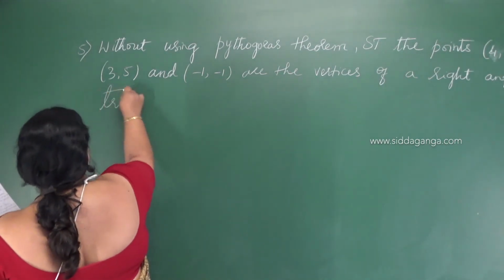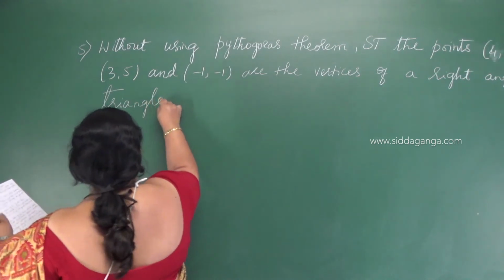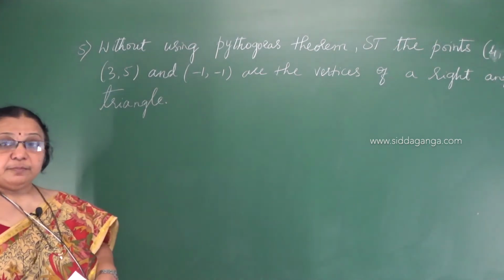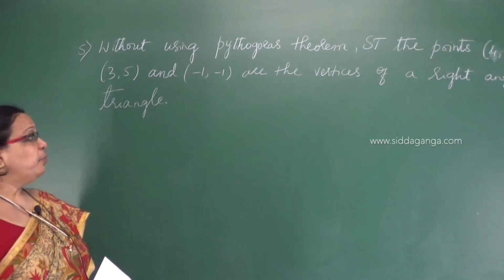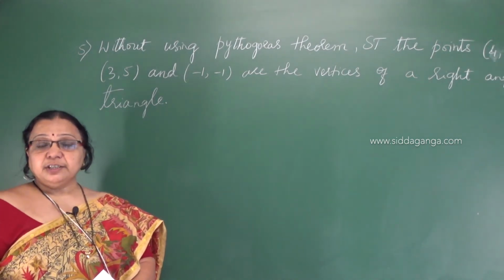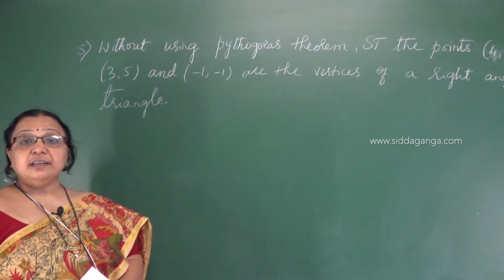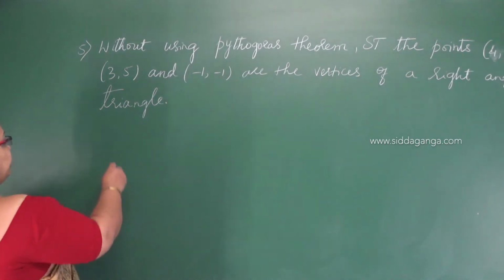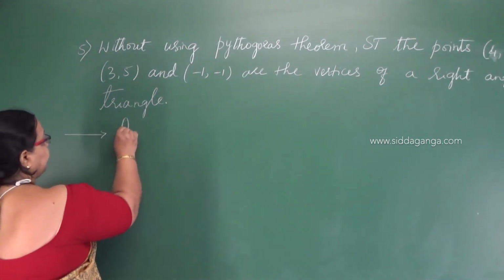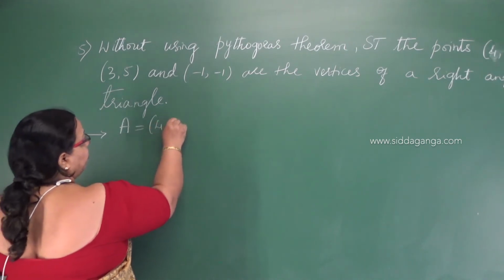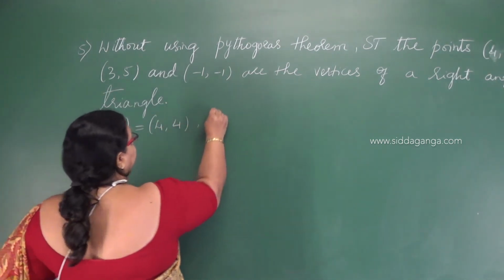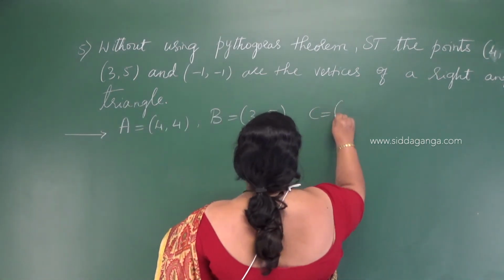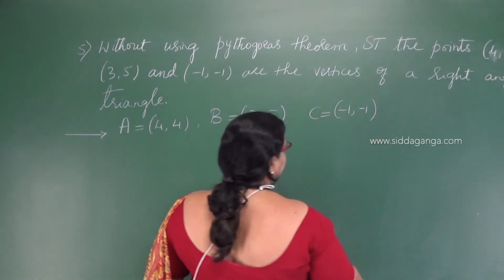Without using the Pythagoras theorem, we can show that the given points represent the vertices of a right angled triangle. So first you take the 3 points as A, first point 4 comma 4, B as 3 comma 5, and the third point as C, -1 comma -1.